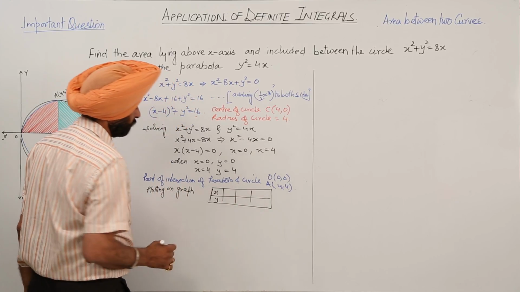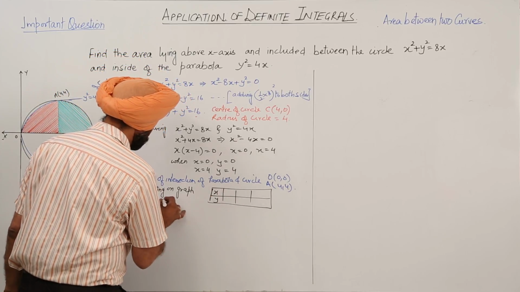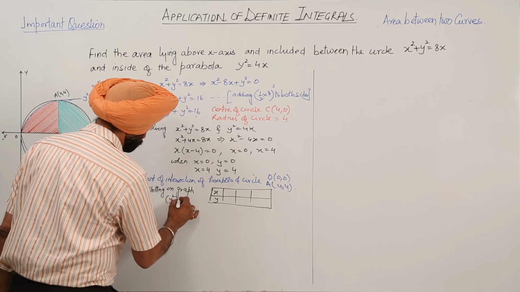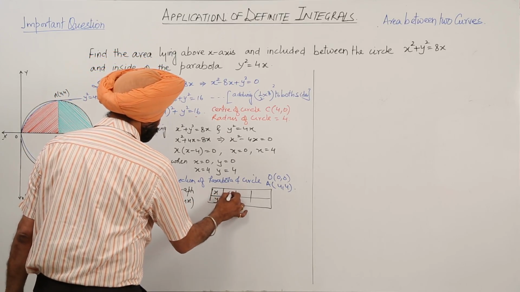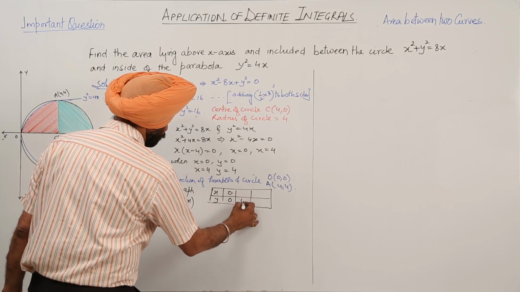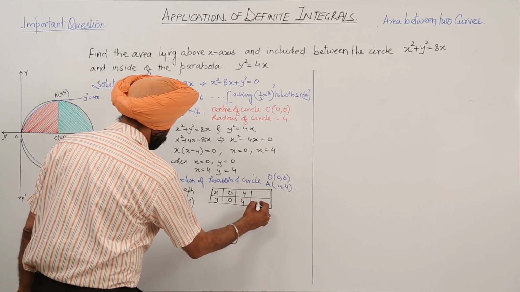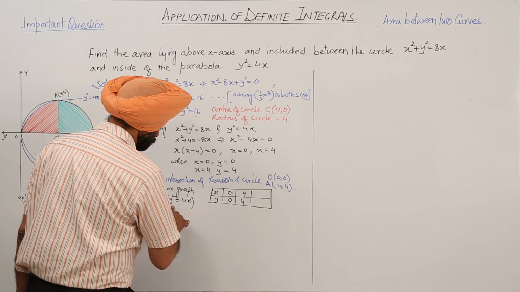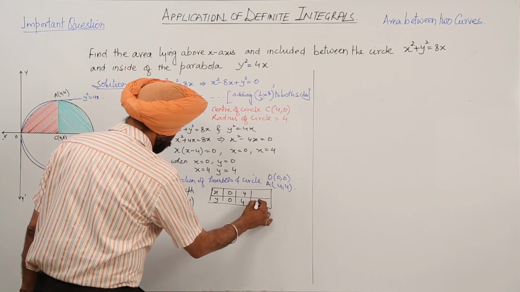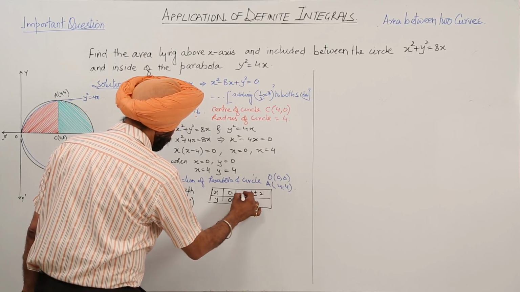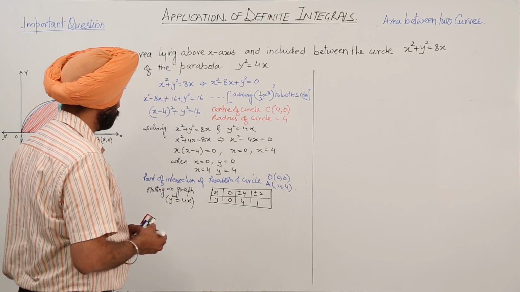x, y. Now this is for y square is equal to 4x. Now (0, 0), (4, 4), and (1, plus minus 2), here (4, plus minus 4), okay.